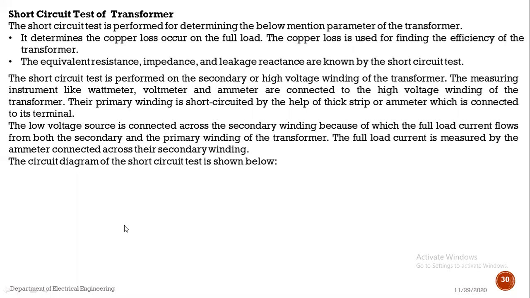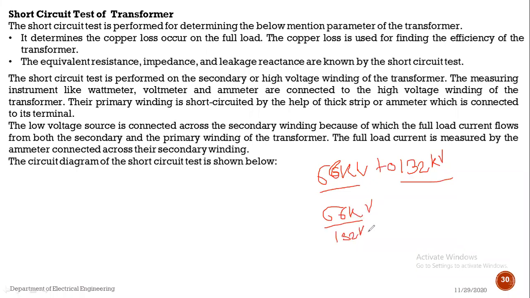Suppose the transformer rating is given like this: 66 kV to 132 kV, or V1 is equal to 66 kV divided by 132 kV. Which is the high voltage side and which is the low voltage side?